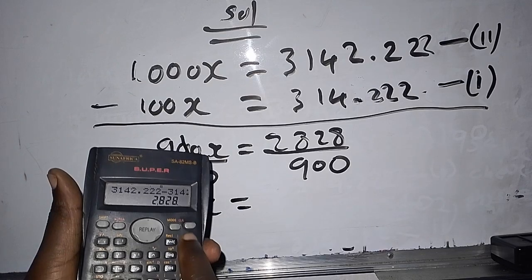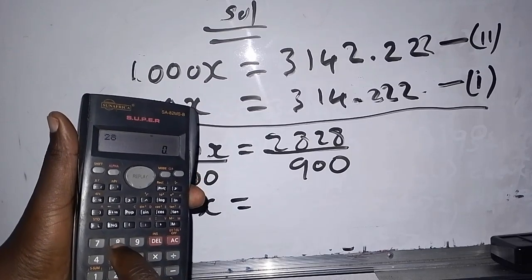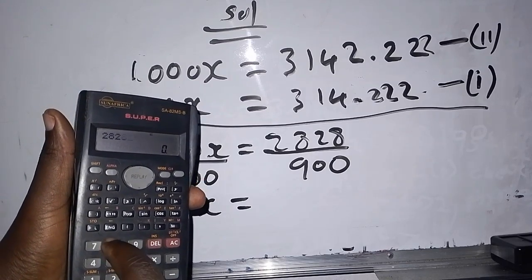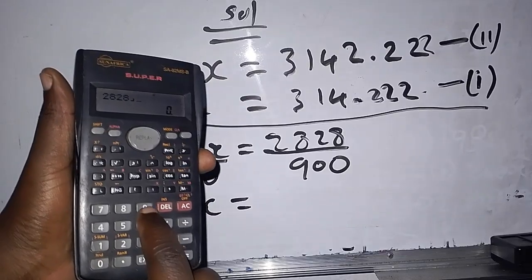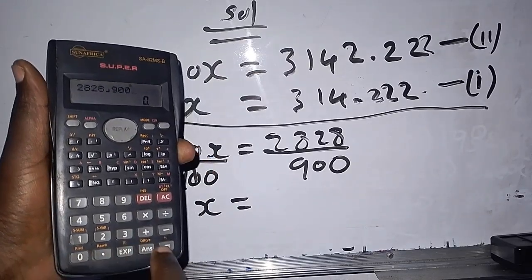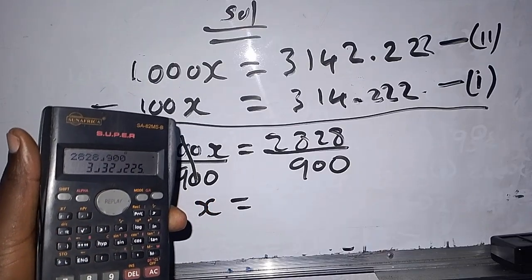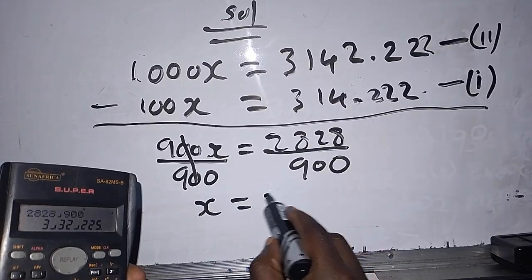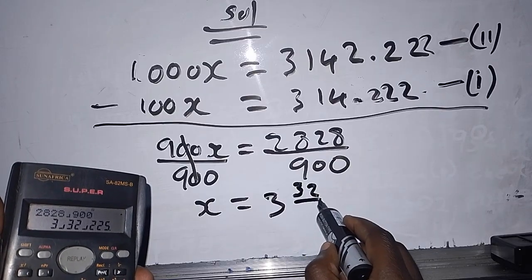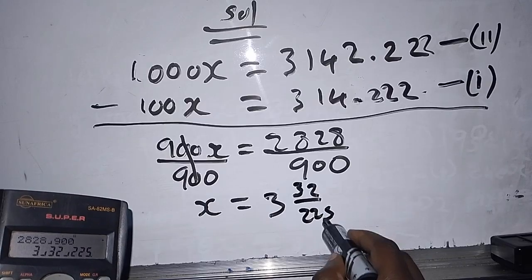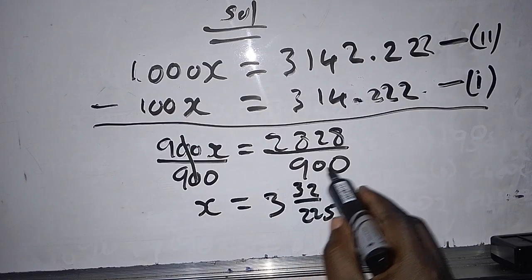We can use a calculator for this, and you'll get the number in fraction form, which is 3 and 32 over 225. So this is the number that we get.